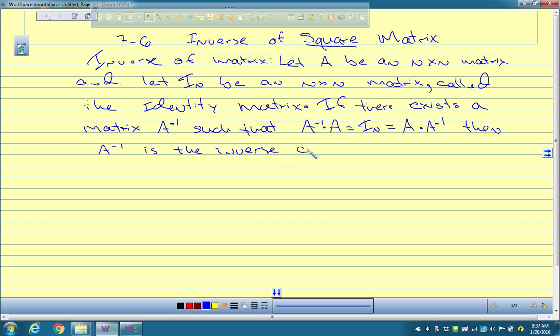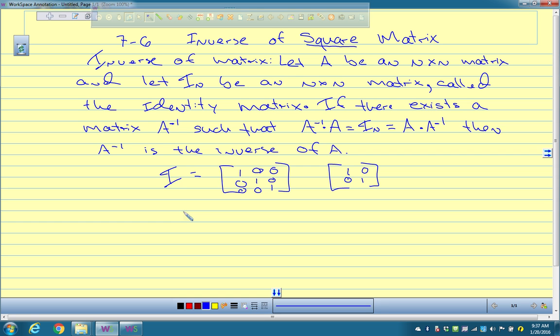In other words, do you guys remember what the identity matrix looks like? One diagonal. Right. If it's a 3 by 3, it's got ones down the diagonal and zeros everywhere else. If it is a 2 by 2, then it would have ones down the diagonal and zeros everywhere else. That's an identity matrix.